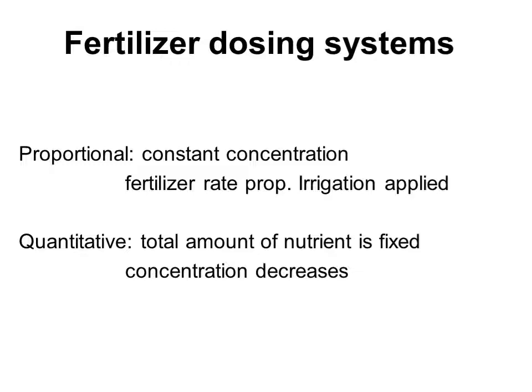There are more sophisticated systems for fertigation. In general, we distinguish two general types of dosing systems. The first is the proportional, and the proportional tries to put a constant concentration of nutrients into irrigation water.